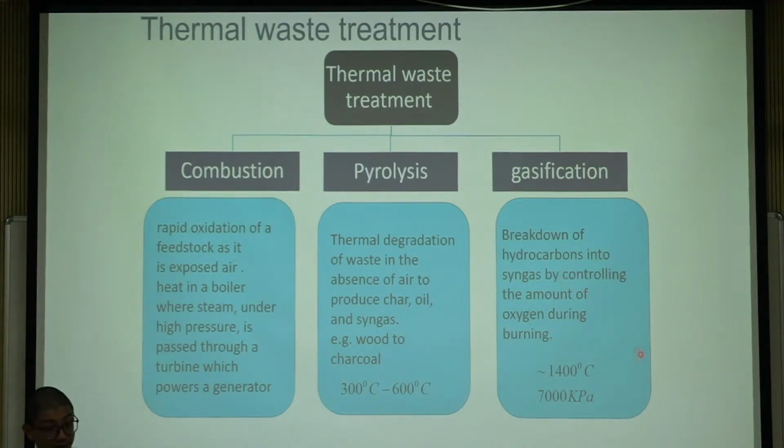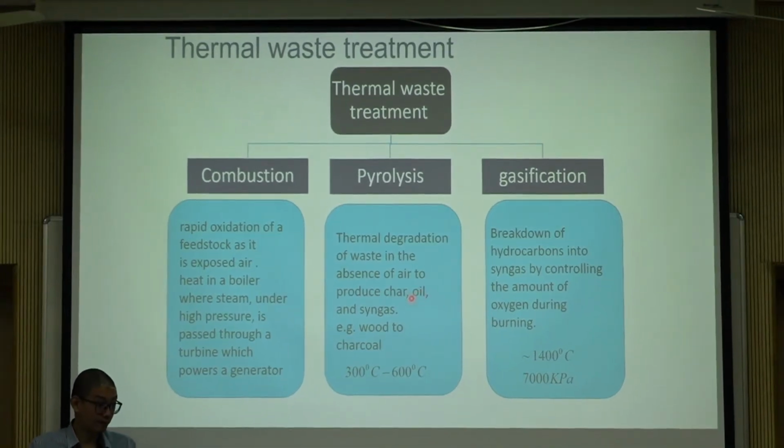Typically the temperature is around 1000 to 1600 degrees for gasification. For pyrolysis, the average temperature is around 500 degrees C. Their main product is what? The char and oil. Of course, the syngas will be produced as well. Then the third is combustion, where we throw the waste directly into a boiler or whatever to generate heat and electricity directly.